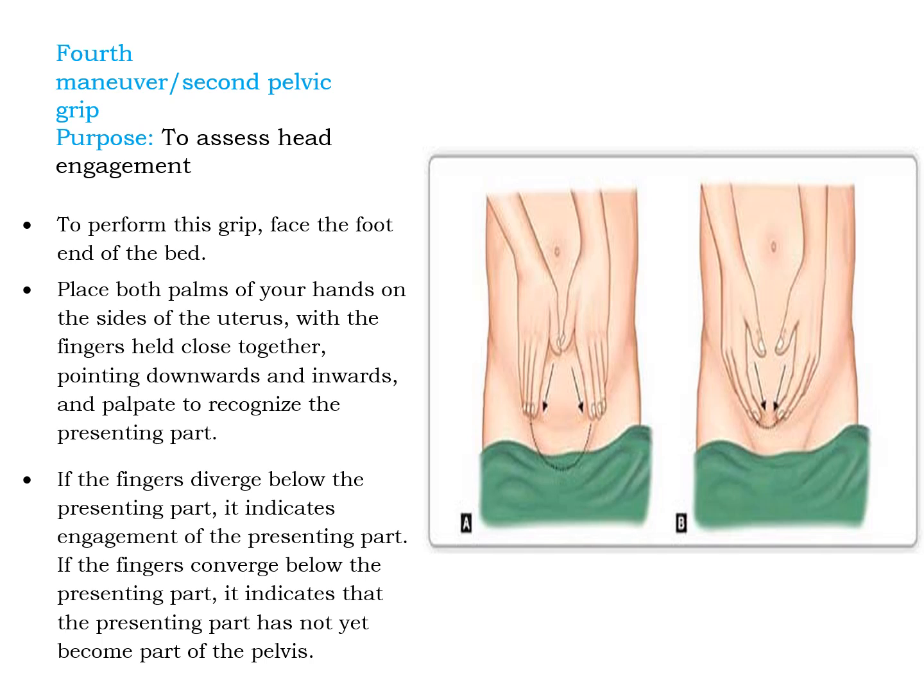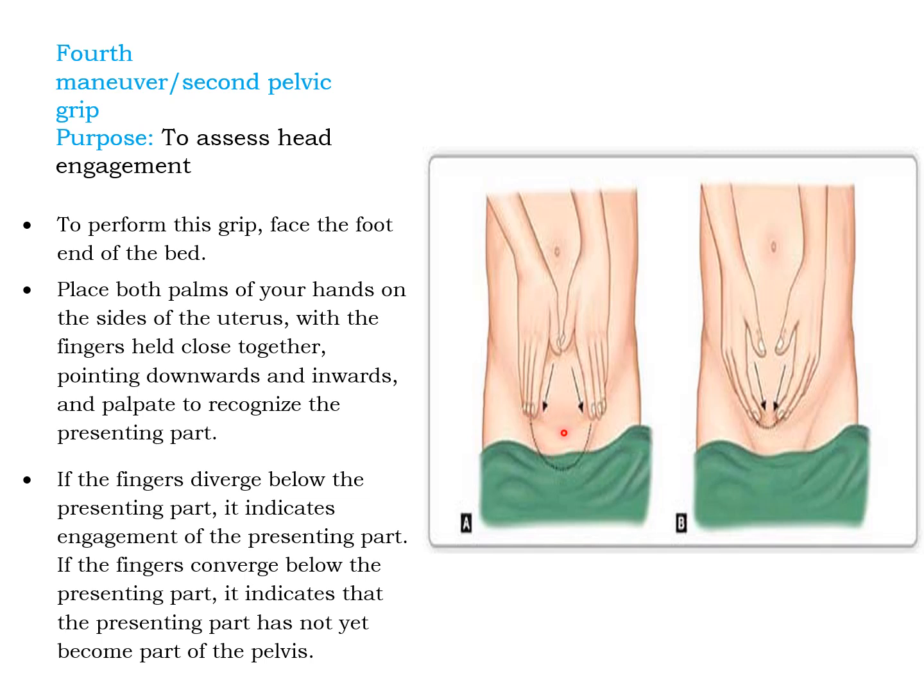Place both palms of your hands on either side of the uterus with the fingers held close together, pointing downwards and inward, and palpate to recognize the presenting part, whatever it is. What part is it here?